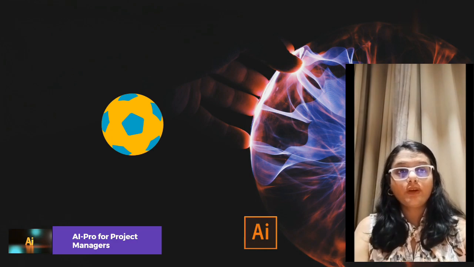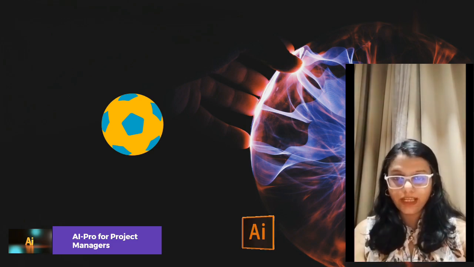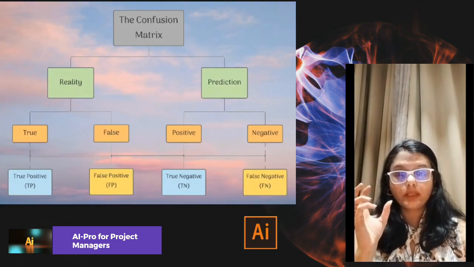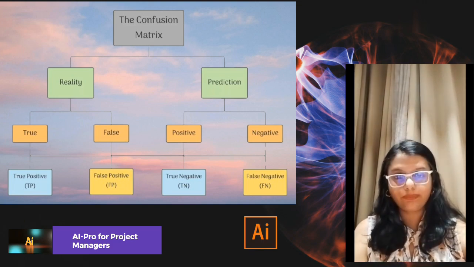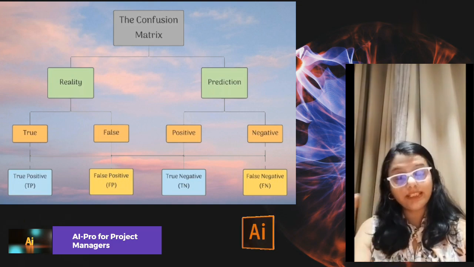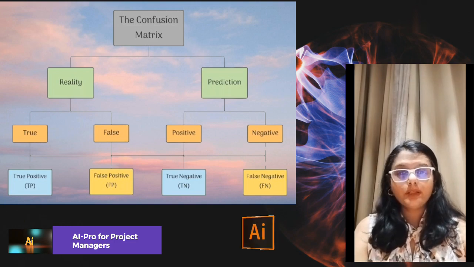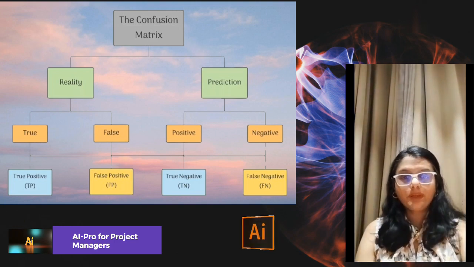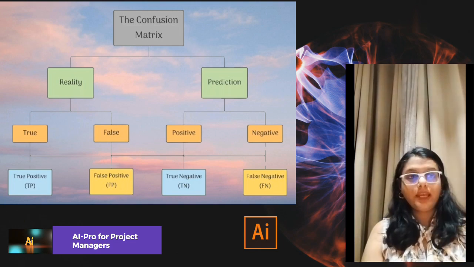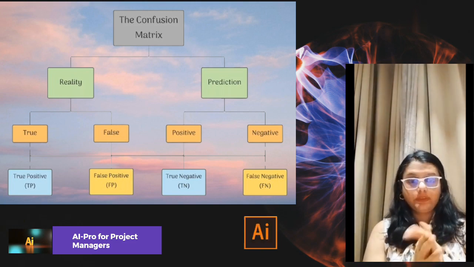So the process of identifying whether a scenario or the given image is in reality a particular football or not is called the confusion matrix. This is a matrix in which the reality and prediction are compared in order to arrive at a particular result. So in the confusion matrix, when the reality is true and the prediction is also true, when the reality and prediction both match, you will get a true positive.